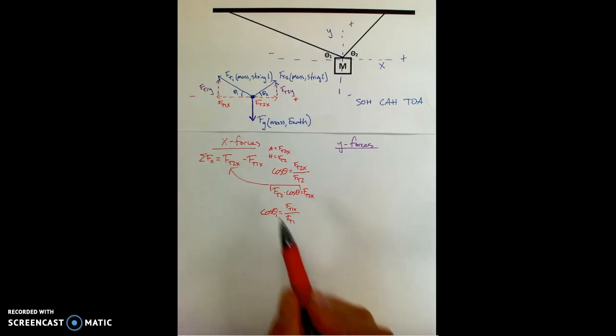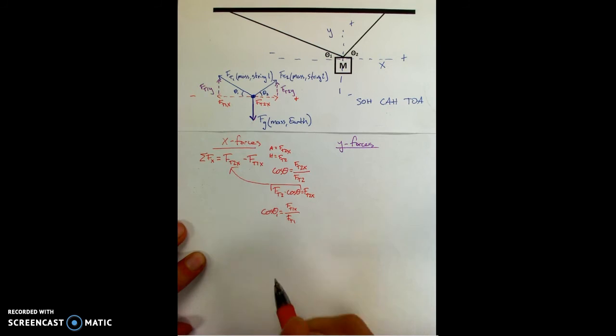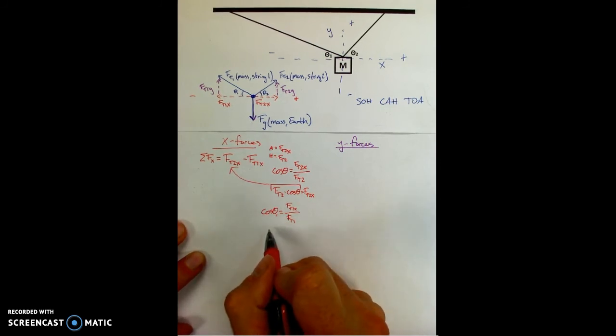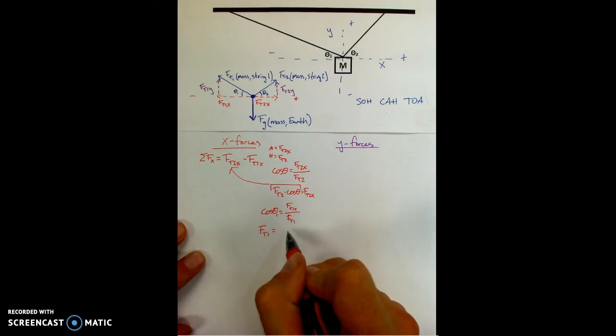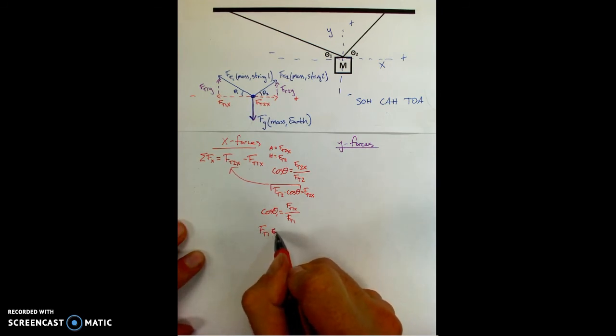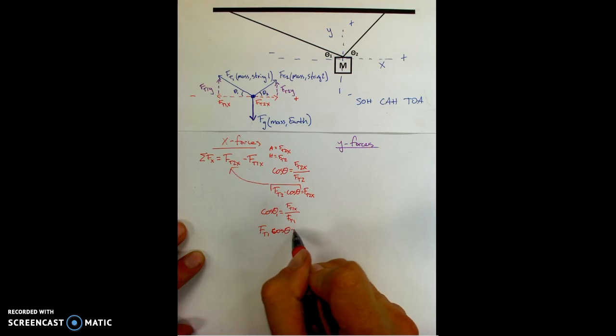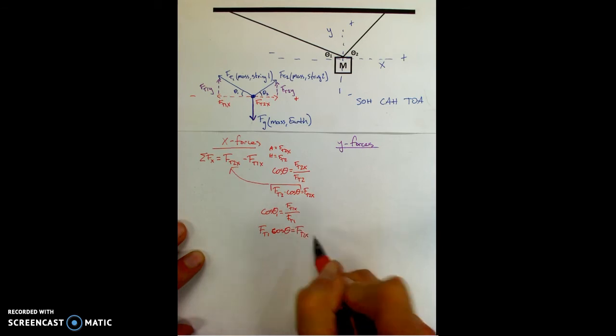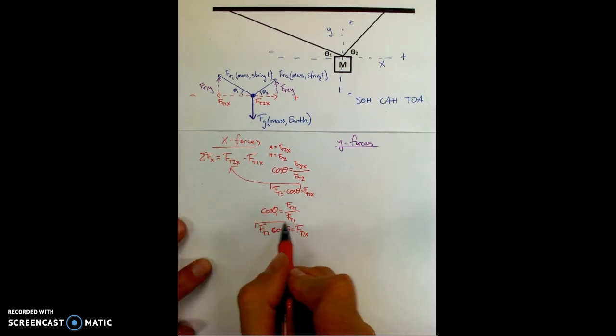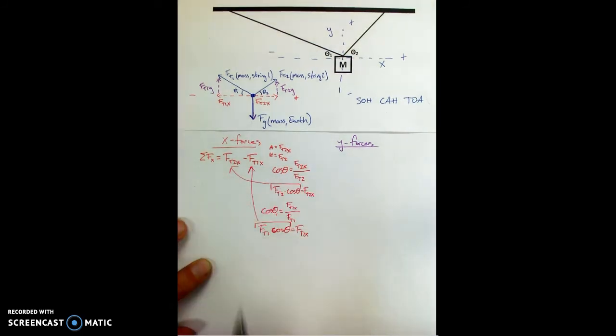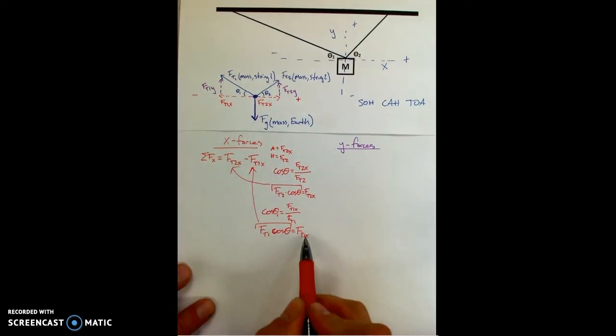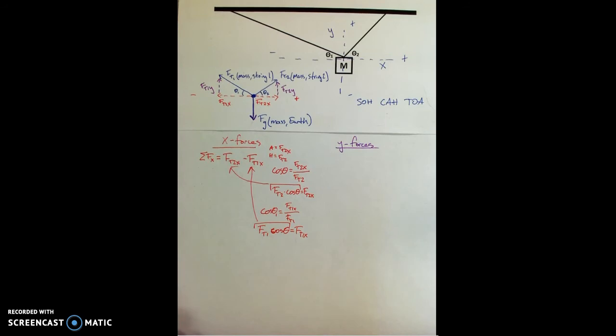Just like we did in the earlier part, I'm going to solve for Ft1x. If I multiply everything by Ft1, I come up with Ft1 cosine theta equals Ft1x. And I can do the exact same thing as I did down here and plug that in, since I know what Ft1x is.